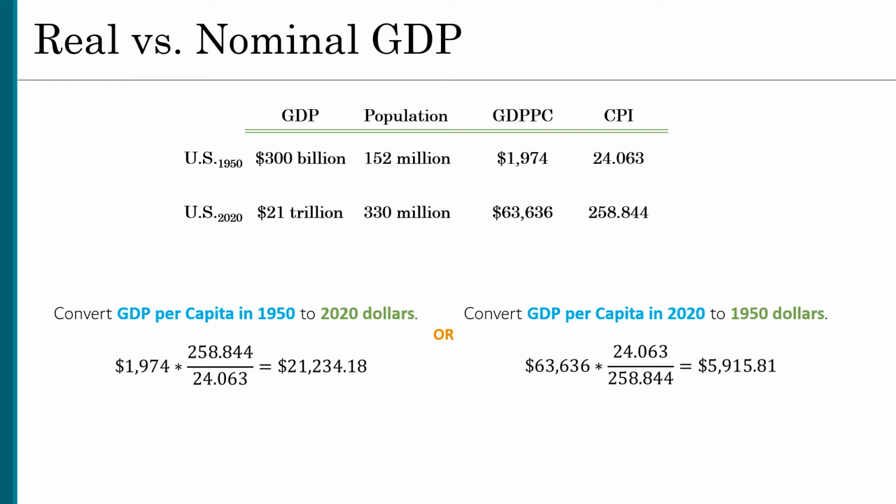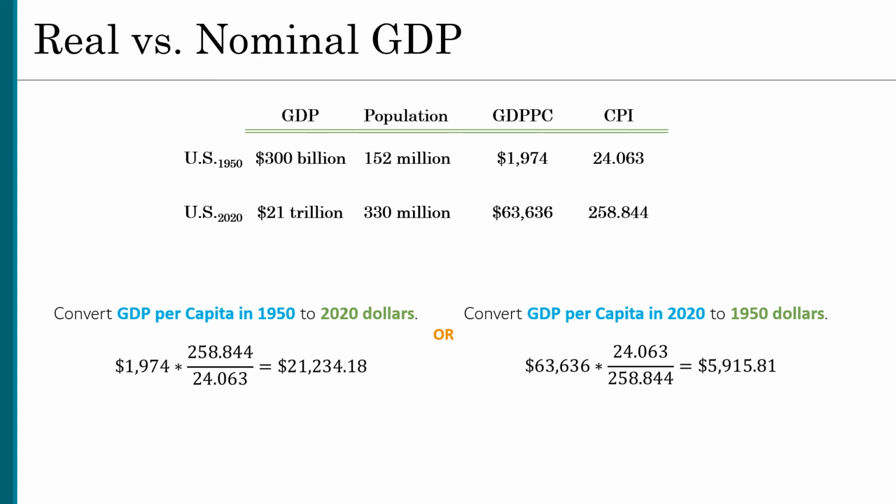That means the basket of goods you can buy with $63,636 in 2020 cost about $5,915.81 in 1950. Note that our real GDP per capita is expressing the GDP in terms of another year's prices, allowing us to compare the actual economic growth between the 2 years.